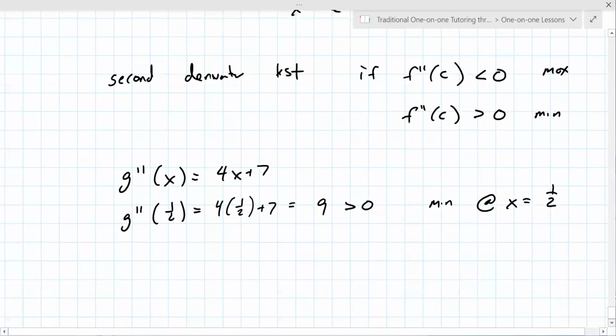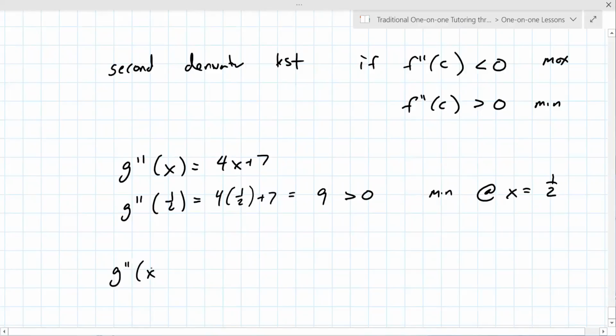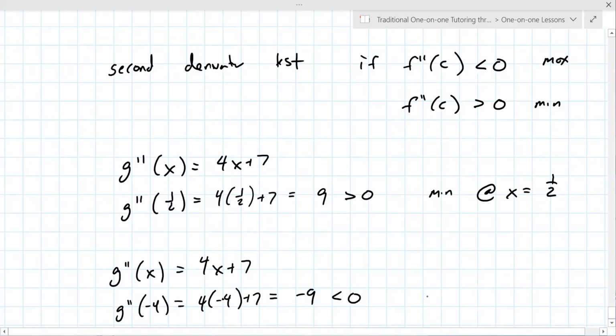Okay. Now we do the same thing for the other critical point. 4x plus 7, g double prime of -4. 4 times -4 plus 7 ends up being -9. -9 is less than 0. So the max is at x equals -4.